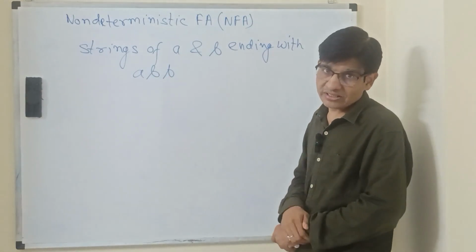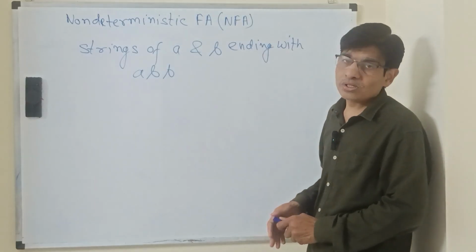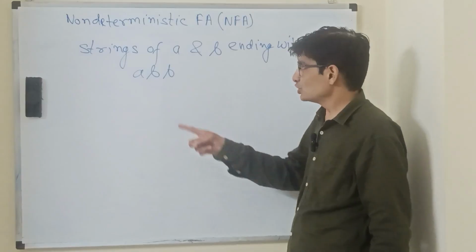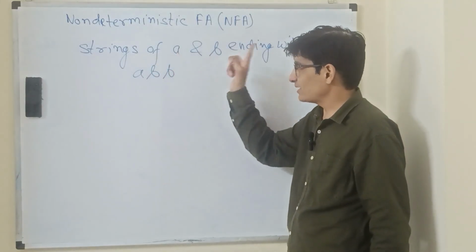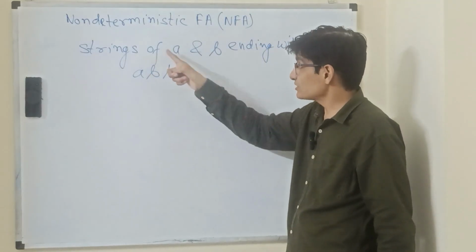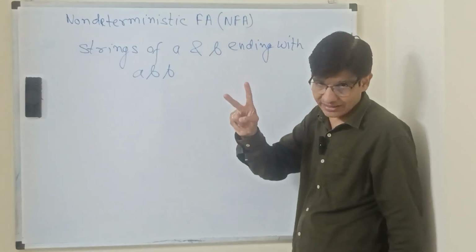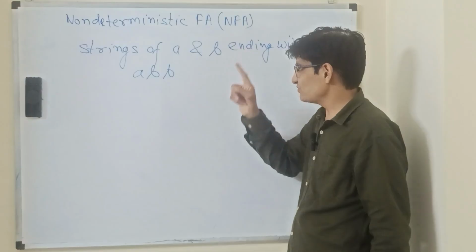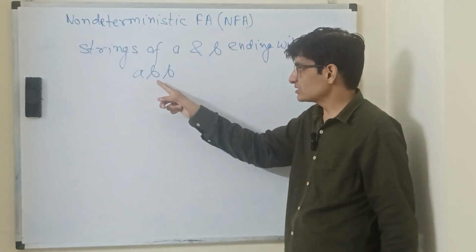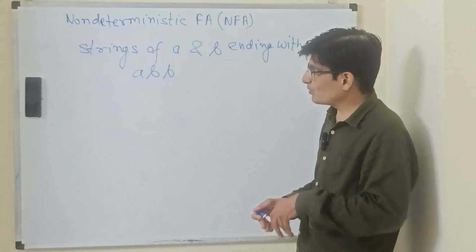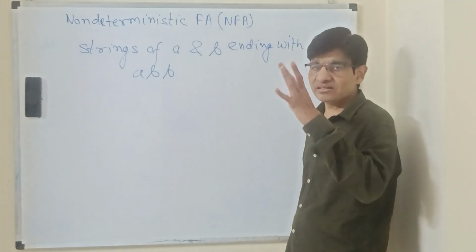And one more important thing, you need to identify what the possible input symbols are. It is mentioned clearly that the strings are of A and B, so only two possible inputs are there: one is A and the other is B. And now the shortest string of this set is ABB, and before this, anything may be there.